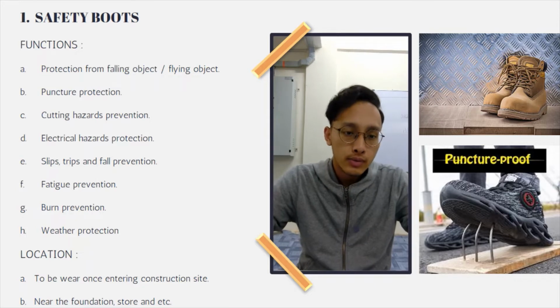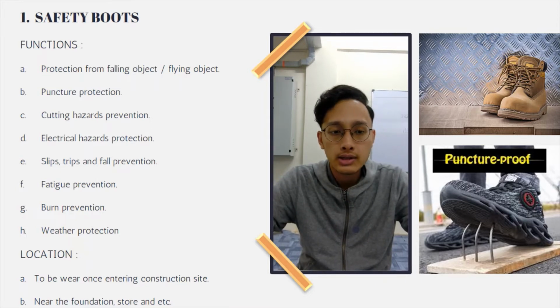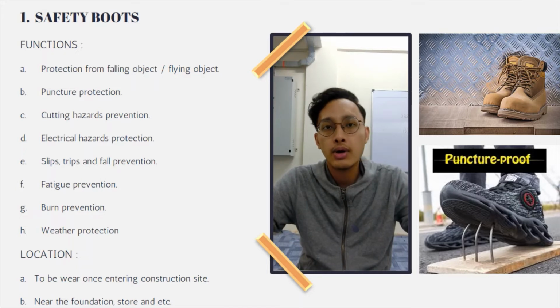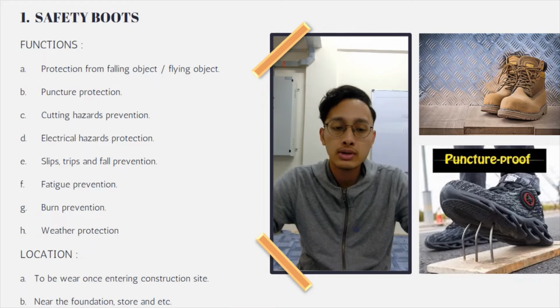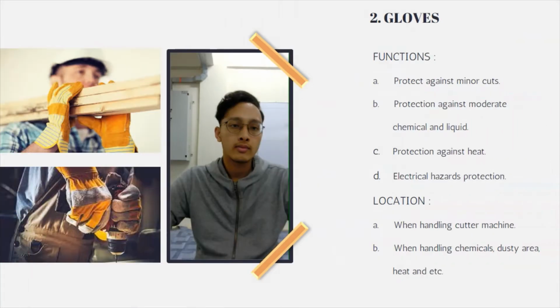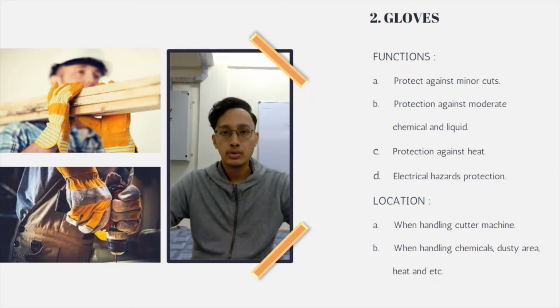Safety boots also prevent fatigue and burns, and protect from the weather. They are more suitable to be worn once you enter the construction site and near the foundation or store.